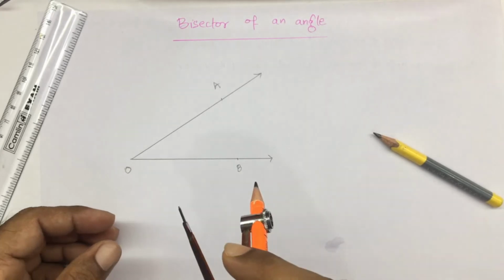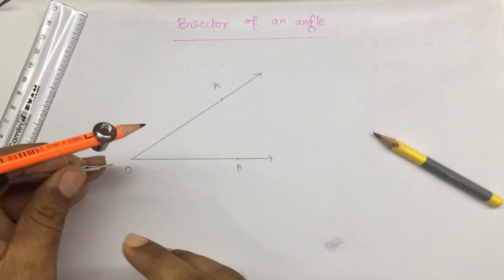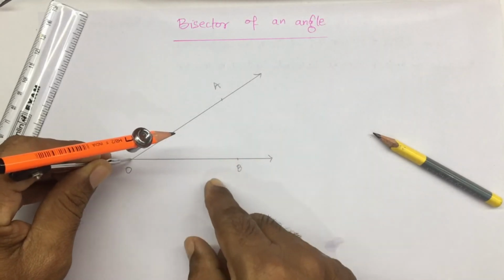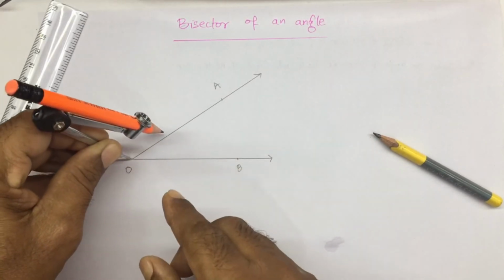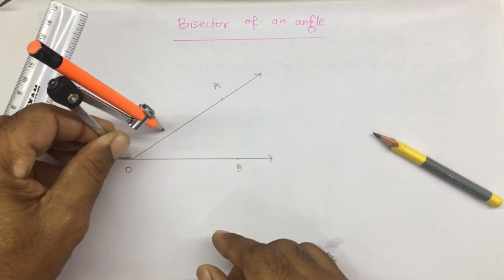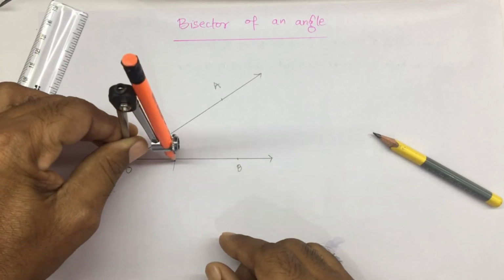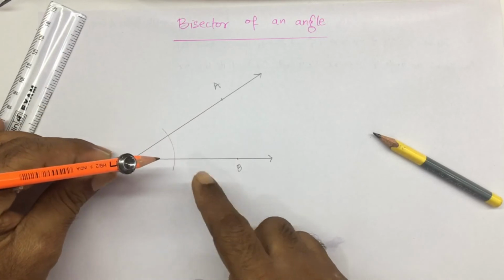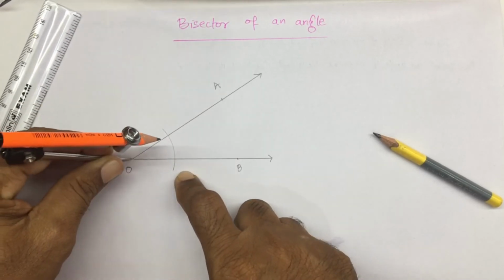What you need to do, you just draw an arc through the two arms with some convenient radius. After drawing the arc, it cuts the two arms at two different points.